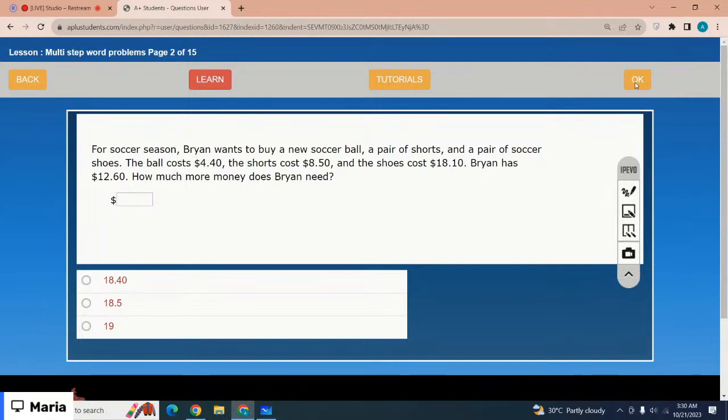The ball costs $4.40, the shorts cost $8.50, and the shoes cost $18.10. Brian has $12.60. How much more money does Brian need?